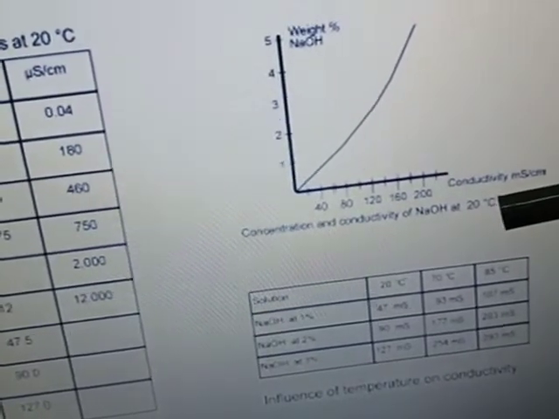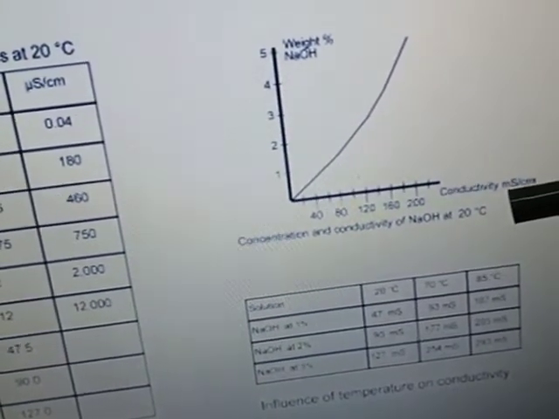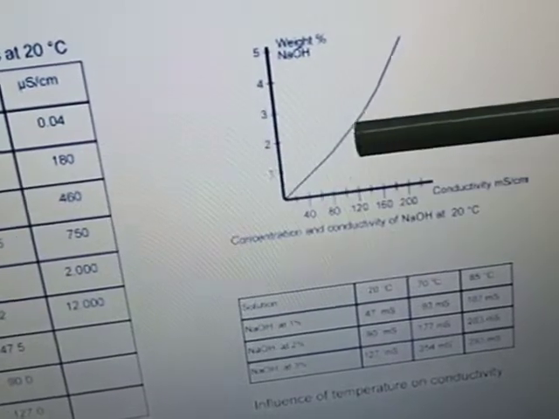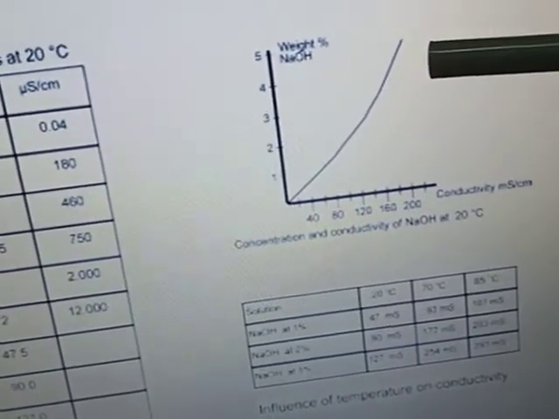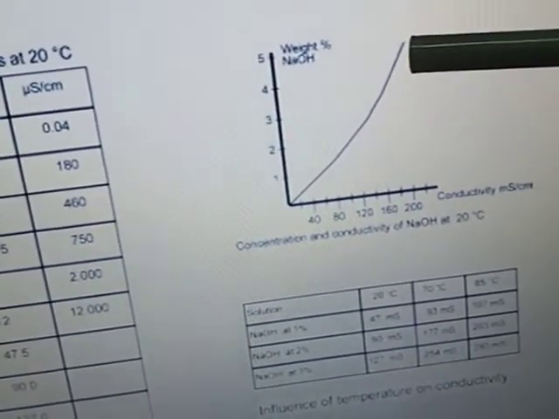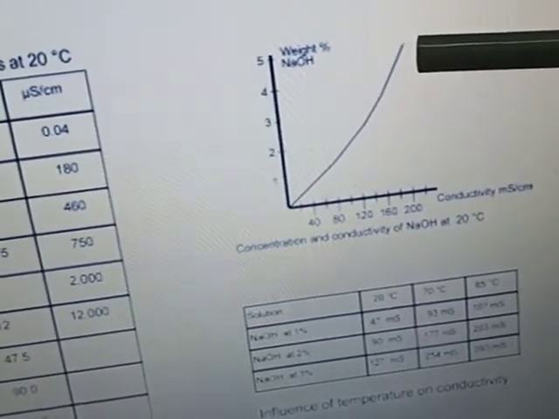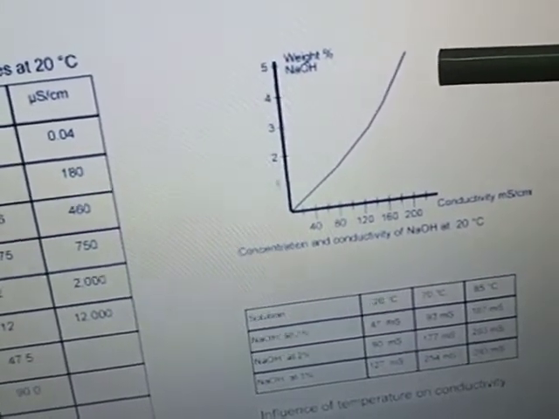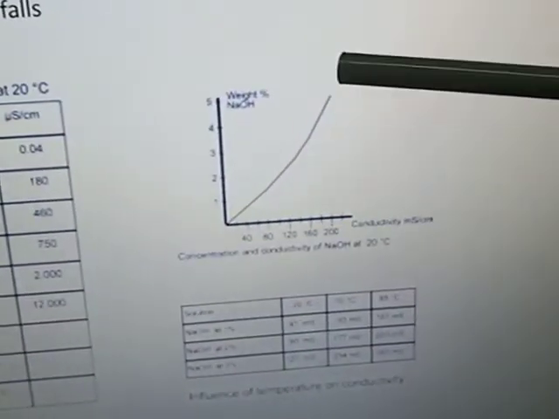Concentration and conductivity of natrium hydroxide at 20 degrees Celsius. When you increase the percentage of natrium hydroxide, you will increase the value of conductivity, not in a straight line, but in a curvy manner.